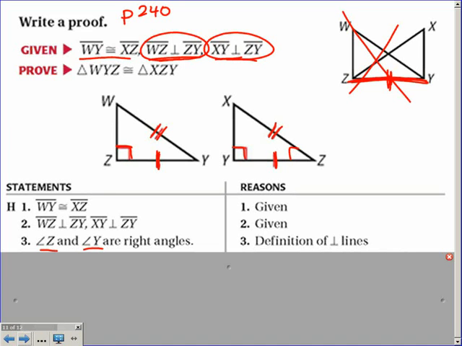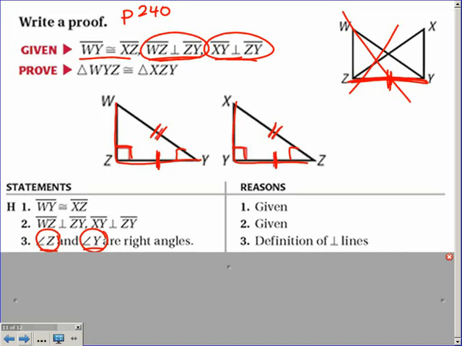That's angle Z, isn't it? And that's angle Y right there. I think it would be better to write this out as angle WZY and angle XYZ, as opposed to just angle Z and angle Y, because there are technically more than one angle Z, so you've got to be careful with how you write it.